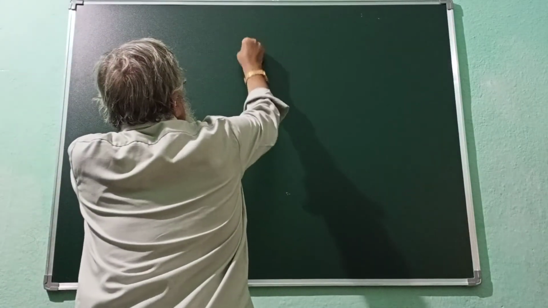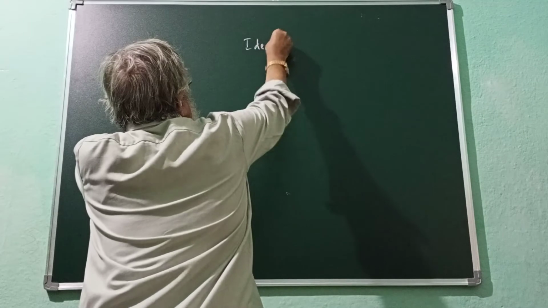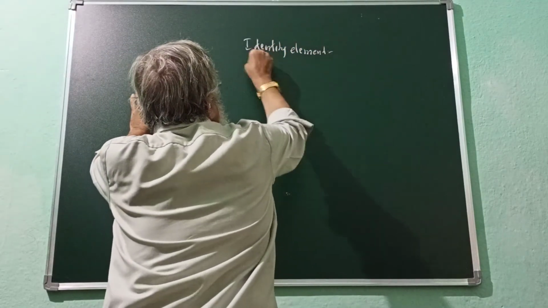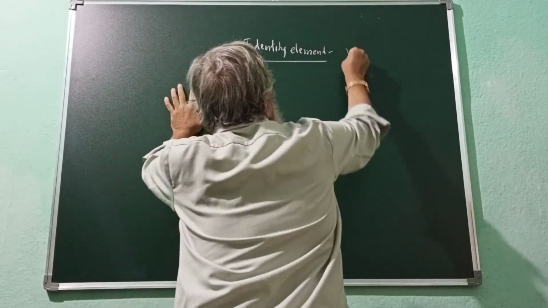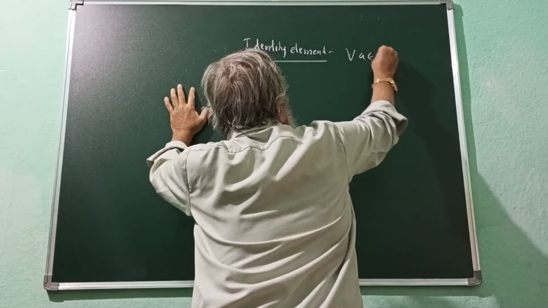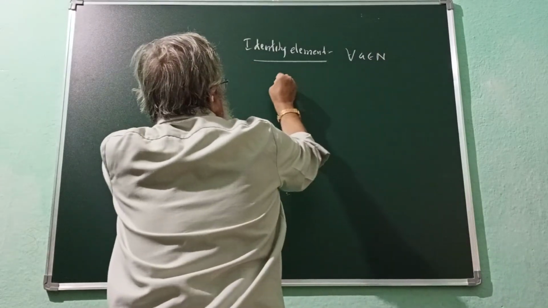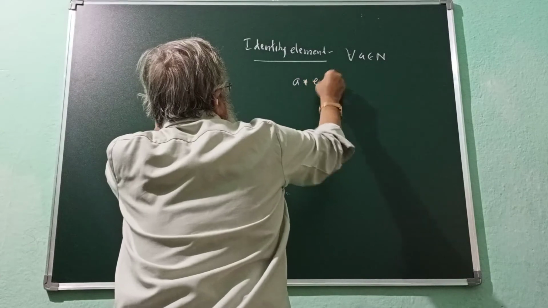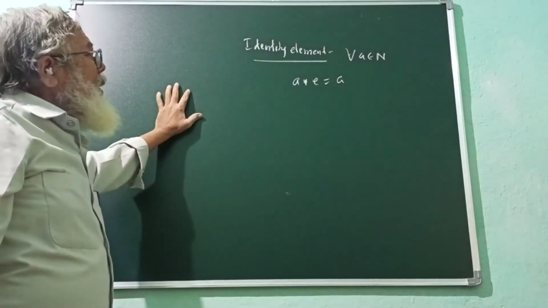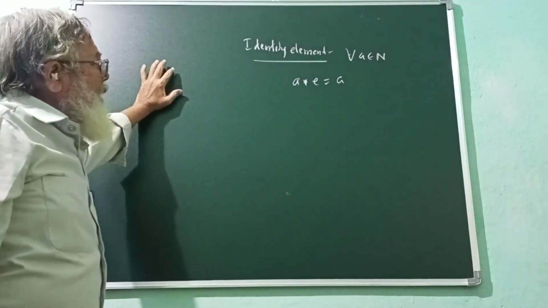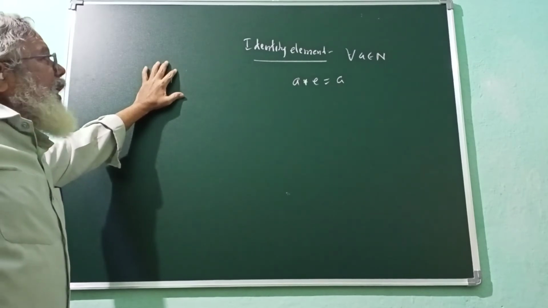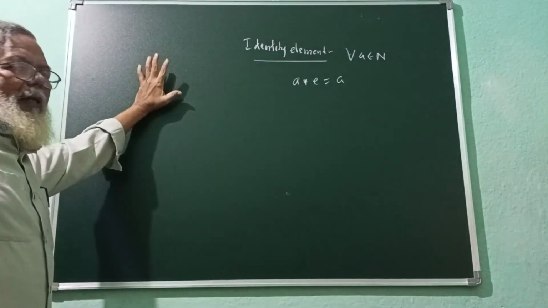Now, the identity element also. For every A belonging to N, we need A star E to be equal to A; then E will be the identity. Can we find a number whose HCF with any number is the same number?